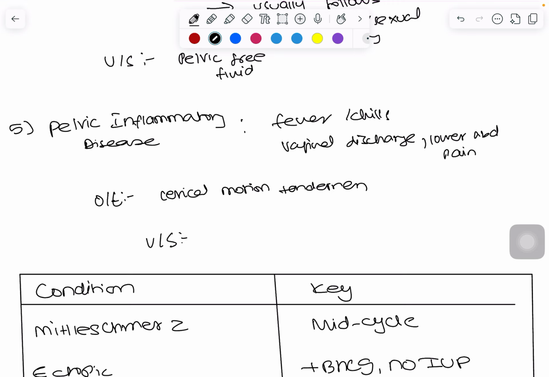Ultrasound might or might not show a tubo-ovarian abscess, which is basically a complication of PID.